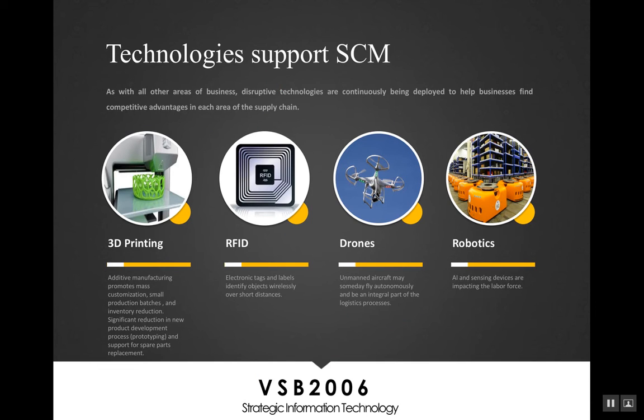Now, there are a number of new and disruptive technologies out there that are potentially impactful for supply chain and can be implemented in coordination with SCM systems. So 3D printing is a manufacturing process that enables the creation of small or very focused individual objects using different material techniques.